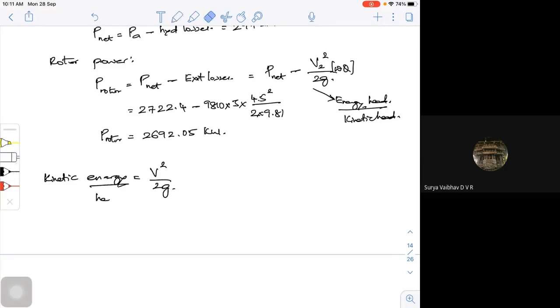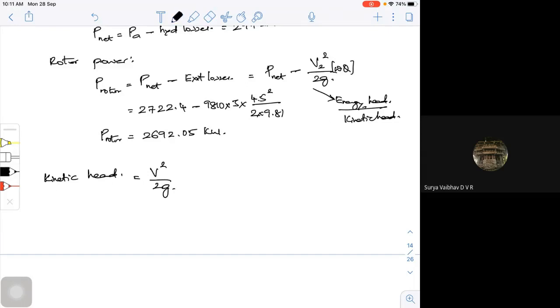V square by 2G, this is the kinetic head. Then, this is power. P net is power in kilowatts, but this is in meters. So this is kinetic head actually. So I need to convert that kinetic head to power, so multiplying by omega into Q. That's why.